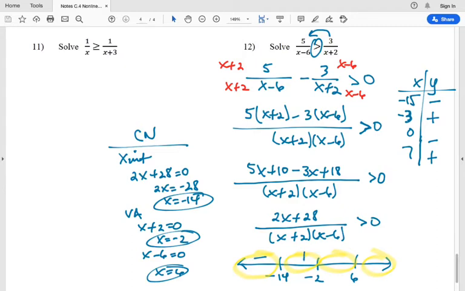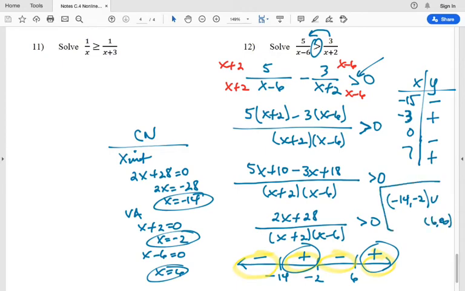And then I'm looking for where it's greater than 0, so you're looking for the positives. So that'll be from -14 to -2 with parentheses, and then union 6 to infinity. And that's your answer. All right, thanks, y'all.